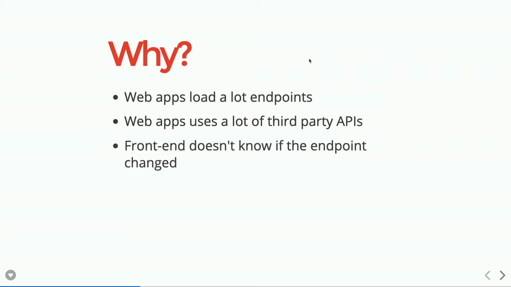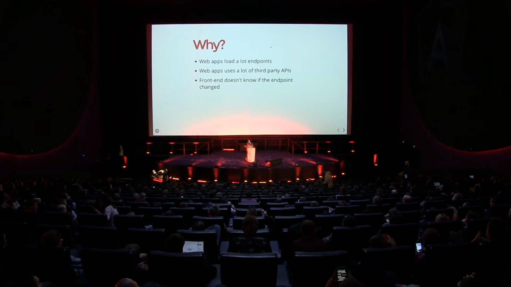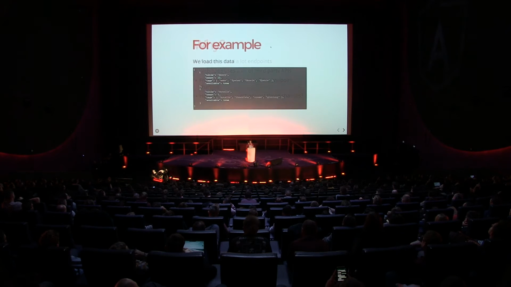The frontend doesn't know if the endpoint changes. So when the payload returned by the backend or this third-party API changes, you just don't know that it changed. So how can we protect against those changes on the frontend side?